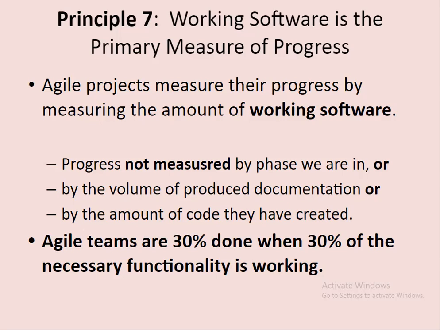It is not done that way. Agile teams are 30% done when 30% of the necessary functionality is working. You can imagine if your product backlog contains 10 stories, and 30% of the stories are cleared out, that's the indication of your progress, right?